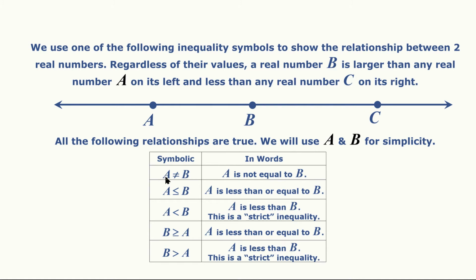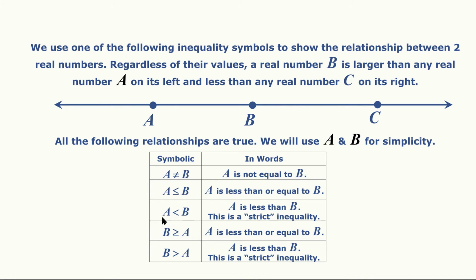We could also say A does not equal C. We can say B does not equal C. We can say A is less than or equal to B. You may say, wait, what do you mean by or equal to? Well, remember, one of them has to be true for the whole thing to be true. And because A is indeed less than B, we can say A is less than or equal to B.